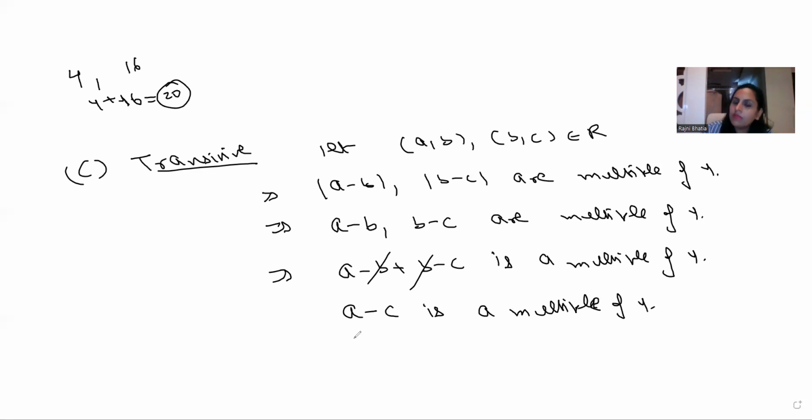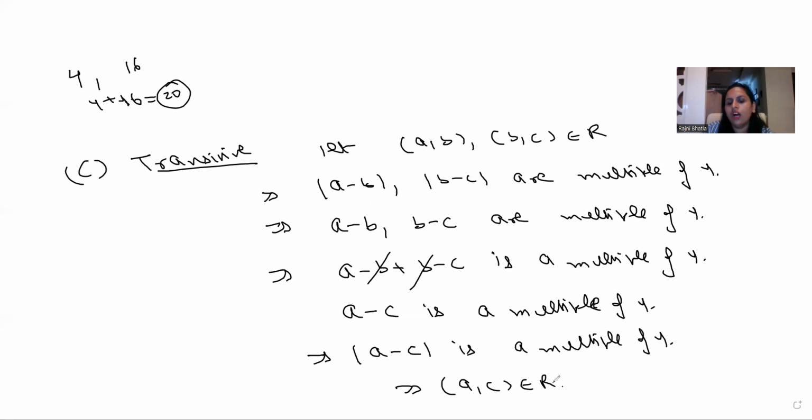Now a minus c is a multiple of 4. एक नंबर अगर 4 का मल्टीपल है तो उसका मॉड्यूलस भी मल्टीपल ऑफ 4 है. This implies modulus of a minus c is a multiple of 4. So we can conclude (a, c) belongs to R, and therefore the relation R is transitive.